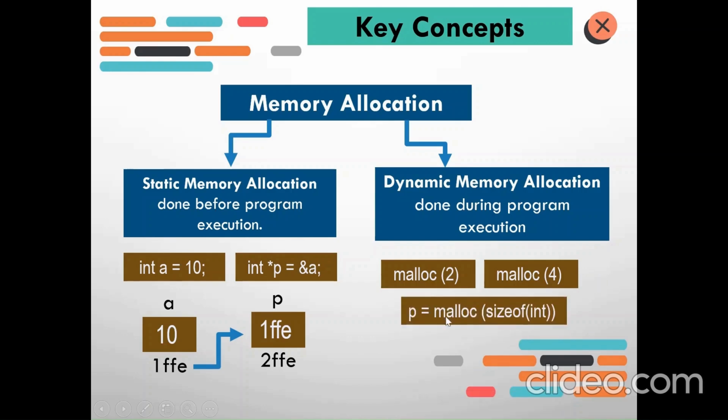The point here is that you do memory allocation in terms of standard sizes or data types. So I'll be replacing these numeric values with another function in C known as sizeof. So sizeof(int) gives you 2. So malloc(2) is equivalent to this, but written in a standard way, right?